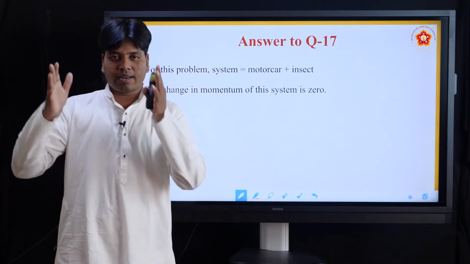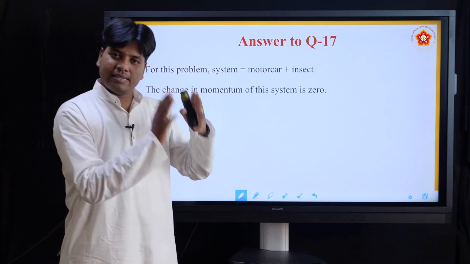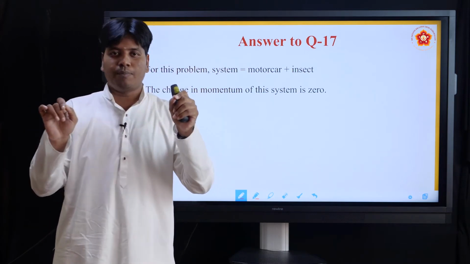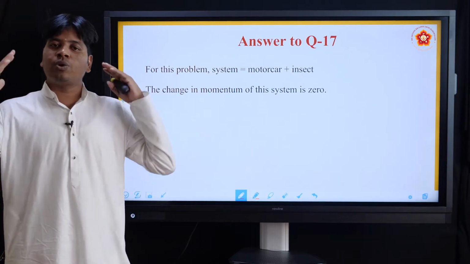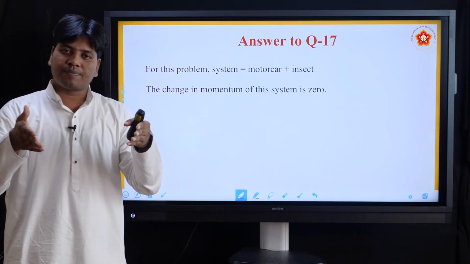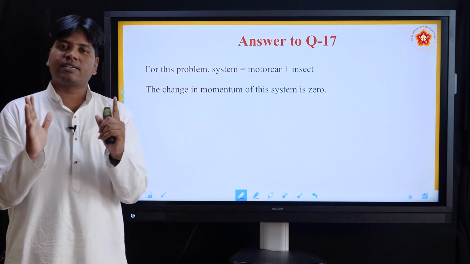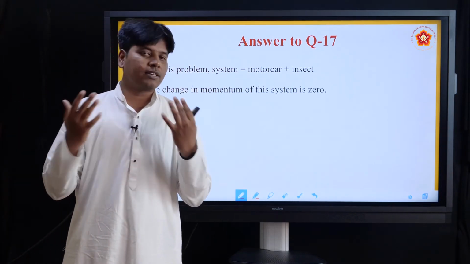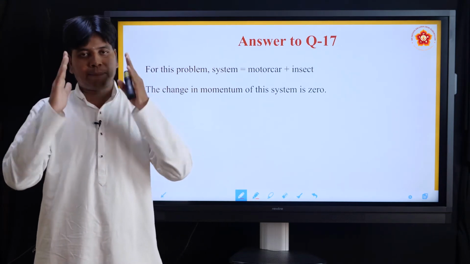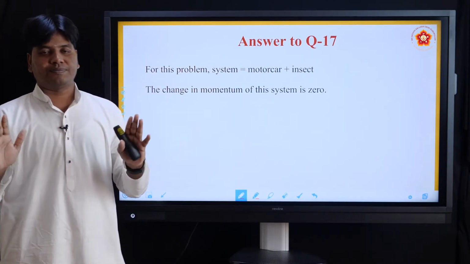Here we have our motor car and insect. These two bodies are our area of interest. There is no external force acting on this system. The two are colliding with each other, so only internal forces are involved. So we can apply the law of conservation of momentum.